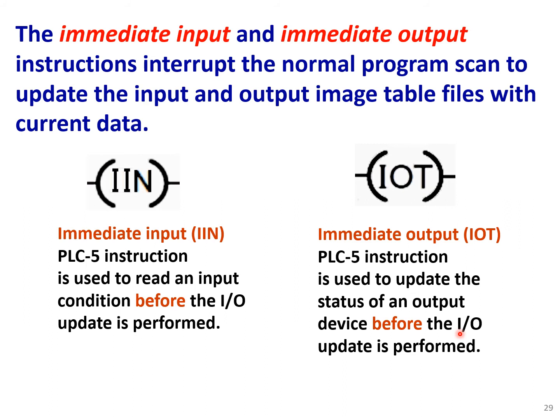For example, we may get a fault signal or an emergency shutdown signal, and we want to stop safety-sensitive coils, motors and outputs. So we want to update the outputs before reaching that stage. Of course, the scanning cycle is fast enough, but for the sake of safety, sometimes we want to use this specific immediate output.